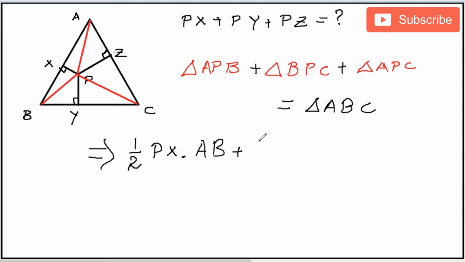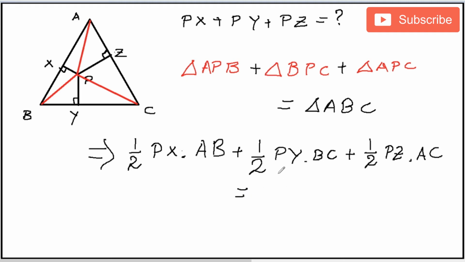Similarly, triangle BPC's area can be written as half into PY into BC. And triangle APC's area can be written as half into PZ into AC.